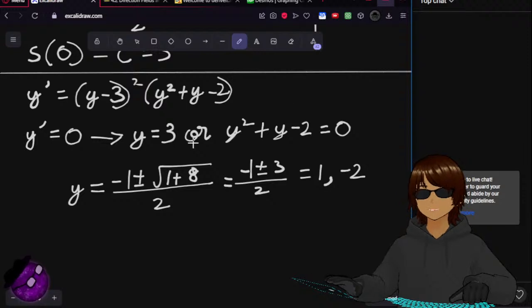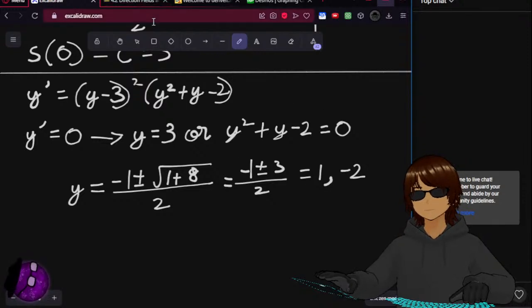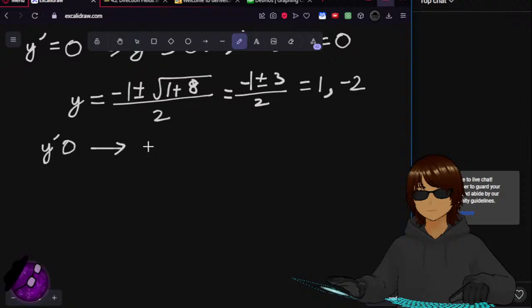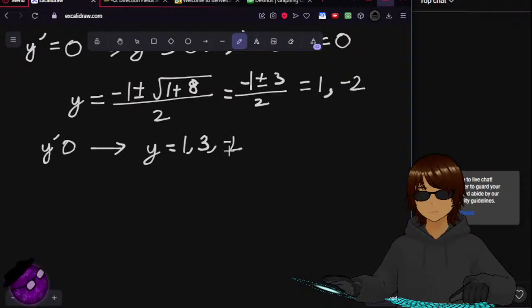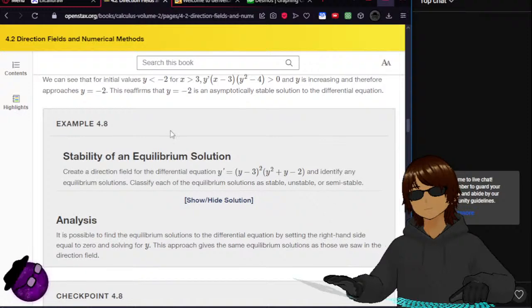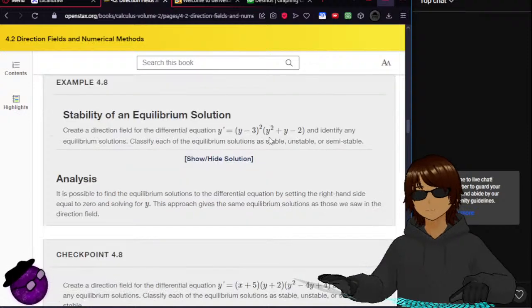So either y is 3, 1 or negative 2. 1, 3, negative 2. So it's 1, that makes sense. If it's negative 2, that makes sense.